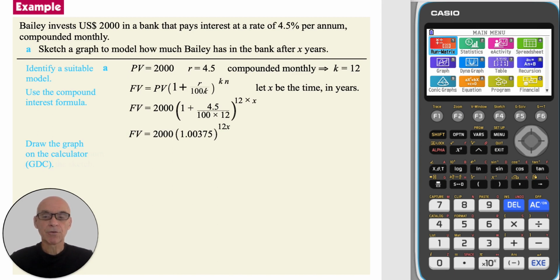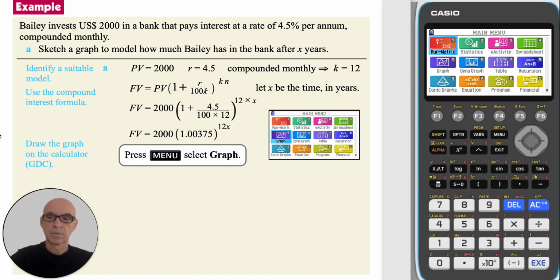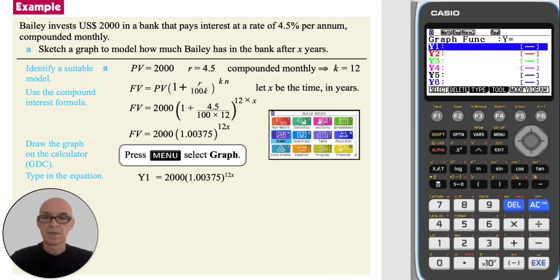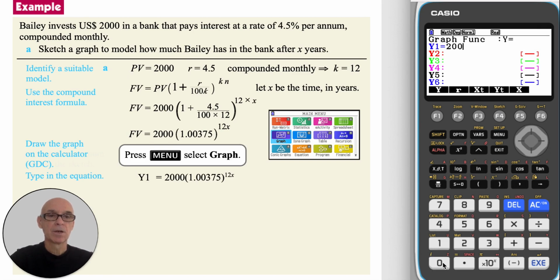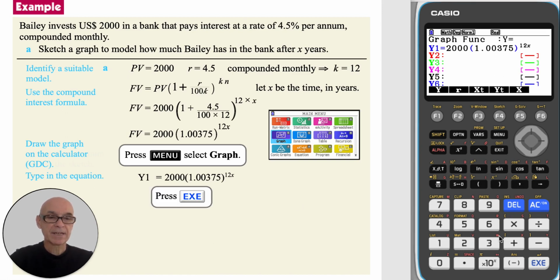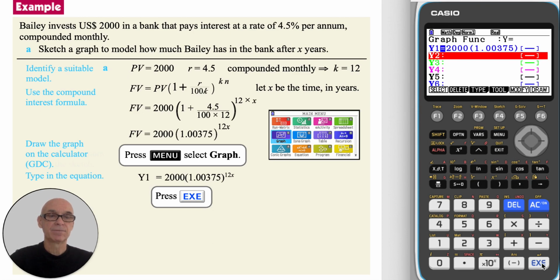To draw the graph on the calculator, from the main menu, select Graph, type the equation into y1, so that's 2,000, bracket, 1.00375, close bracket, raised to the power of 12, and then press the X variable button for X. Press Execute to enter the equation.